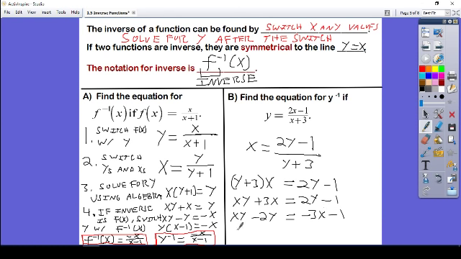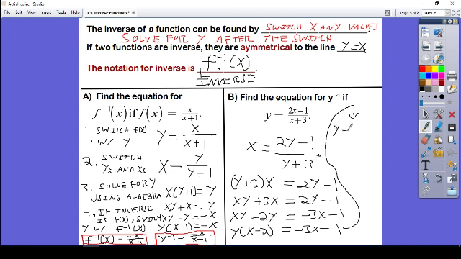Then factor out the y's, so you'll have y times x minus 2 equals negative 3x minus 1, and we're going to finish the next step at the top, but you will isolate the y by dividing each side by x minus 2.